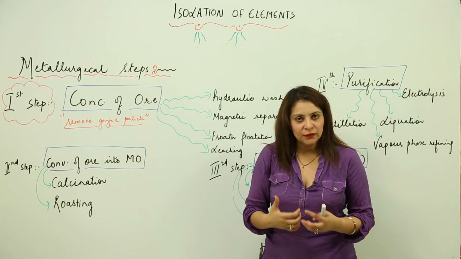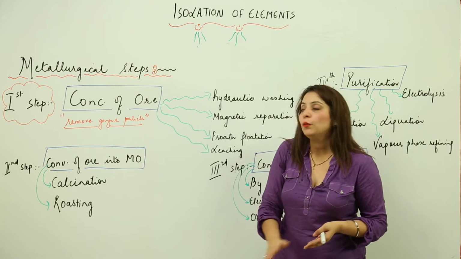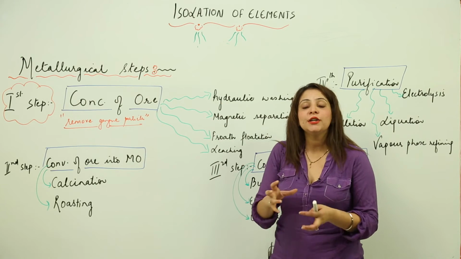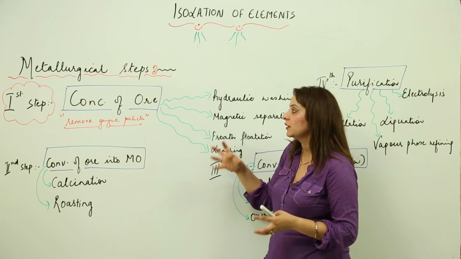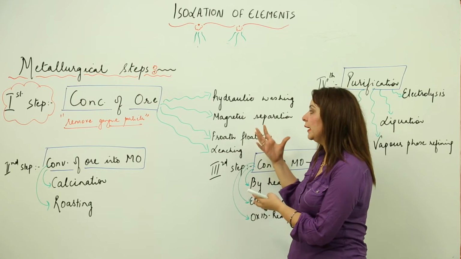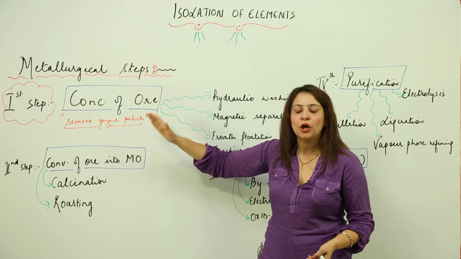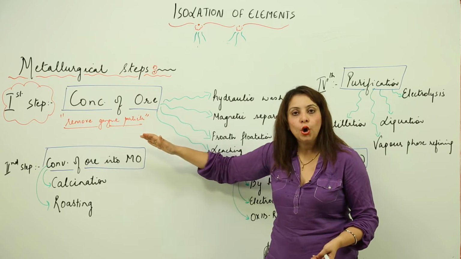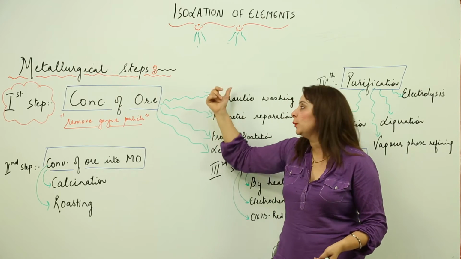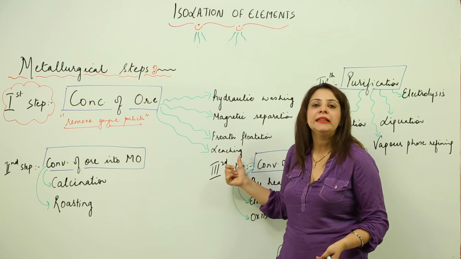I will make you familiar with that later. At this moment I just want to make you familiar with the processes, so that you know we can do this concentration by 1 step, 2 steps, or even 4 steps. So the very first step is to remove the impurities, that means to concentrate the ore, and for that we can opt for hydraulic washing, magnetic separation, froth flotation and leaching.